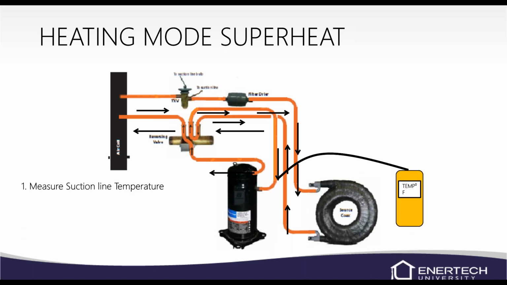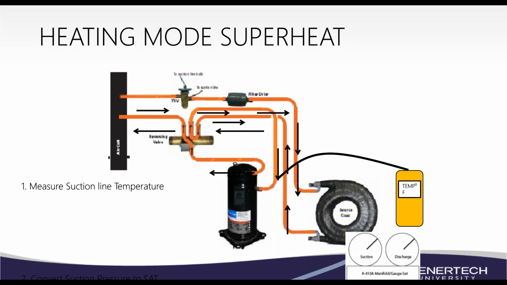So in heating mode, again, I don't really necessarily care if you check superheat or subcooling first. It doesn't really matter. I think in these, we're normally going to start with our superheat. So the first thing we're going to do is remove some of that insulation on the suction line of the compressor, and put your temperature probe on there.